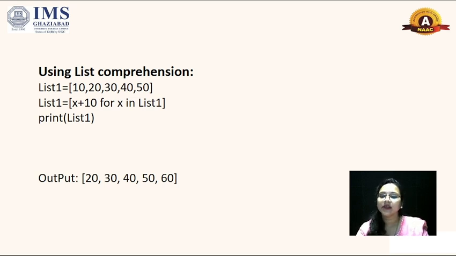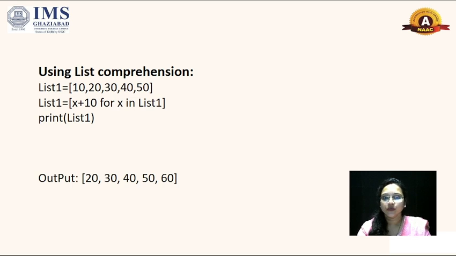Then you write for, which is a keyword, for x in list1. List1 is the variable name of the existing list. That's all. You only have to write this one line and then print the list.